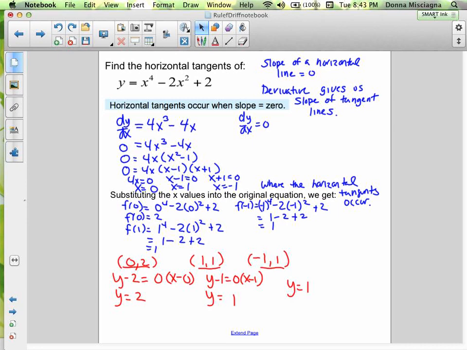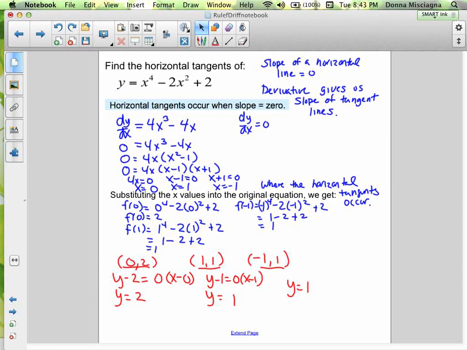Before we do that, let me just recap what we did. You're asked to find horizontal tangents, to find where they occur. You need to set your derivative equal to 0 because derivative equals slope, and you want to know where that slope is 0.